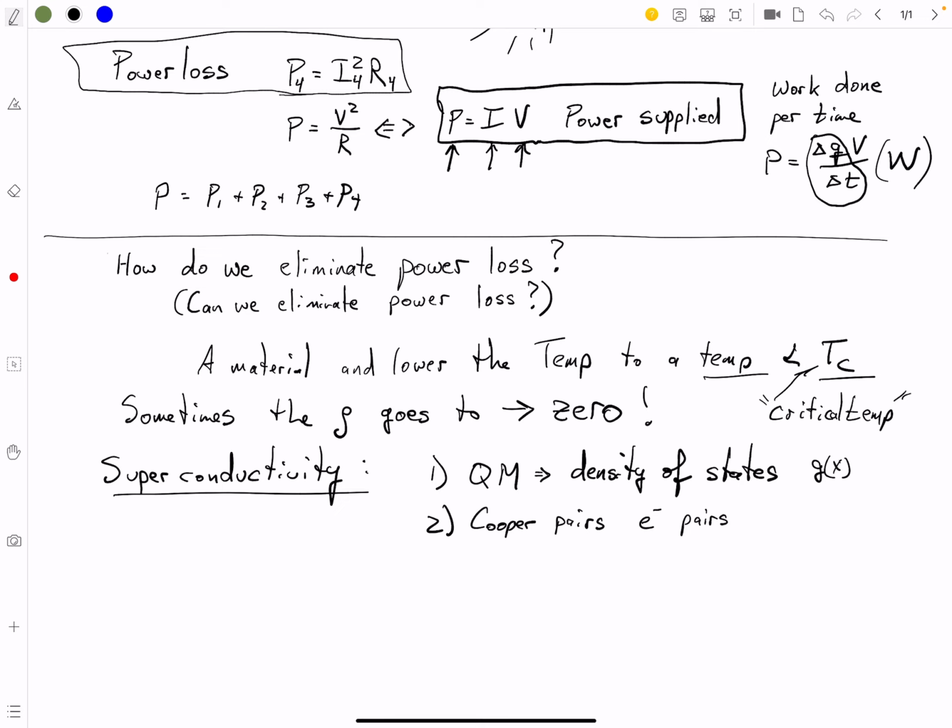Well, we've got two types. There are two types of superconductors: type 1 and type 2. Am I going to even talk about the differences between type 1 and type 2?